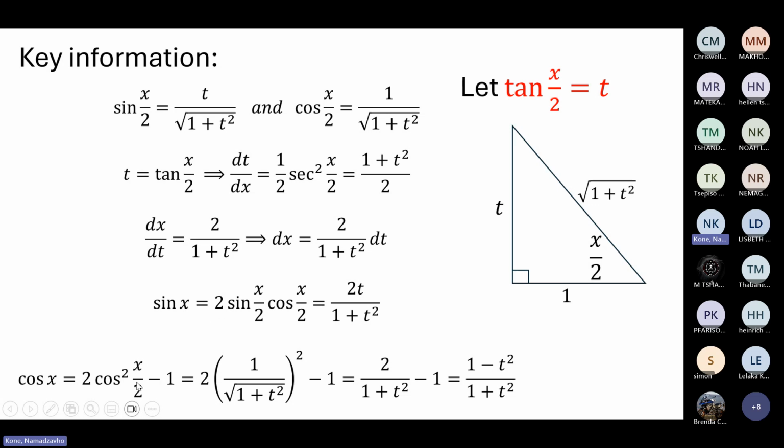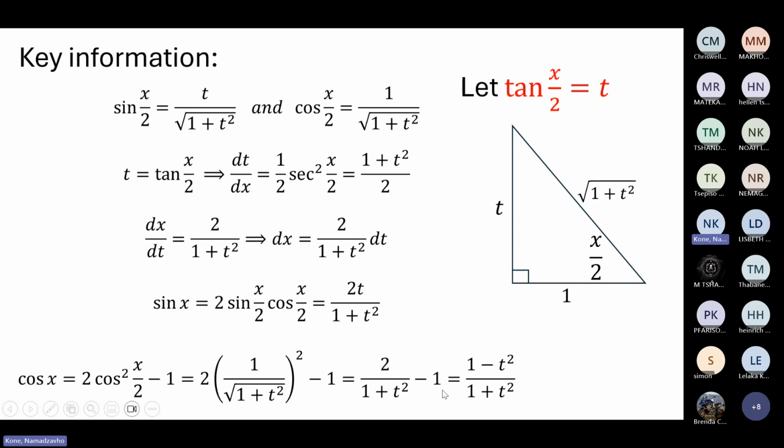But if you use any of those, you will eventually replace cos of x over 2 by its equivalent, which is 1 over square root of 1 plus t squared. And then you get that. After multiplying this by 2, you get 2 over 1 plus t squared. The square root has gone with the power 2, and 1 over this multiplied by 2 gives you that. Remember, there's a minus 1 that we have kept there as well.